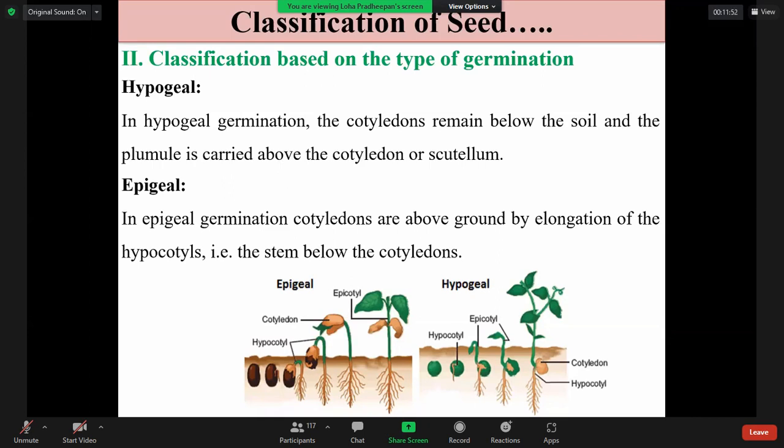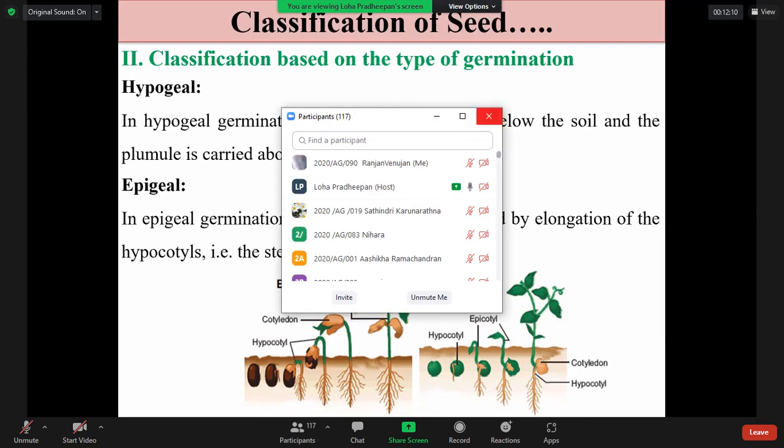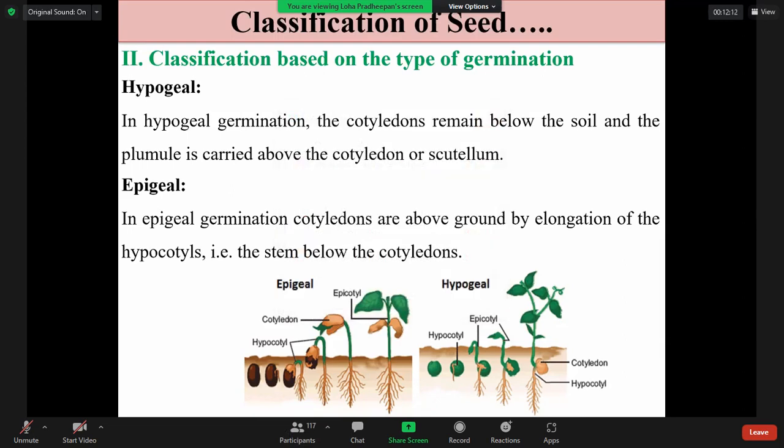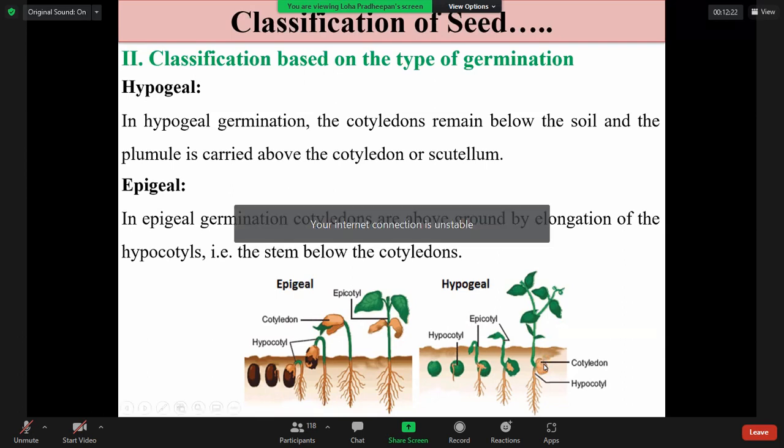In hypogeal germination, the cotyledon remains here, present below the soil.